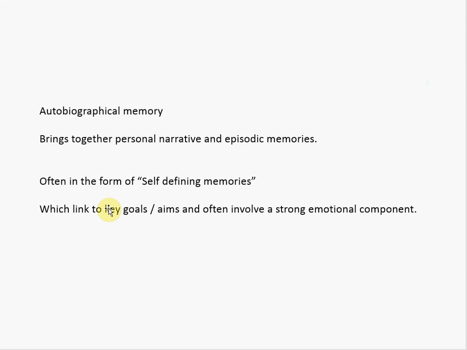These have often been described by theorists such as Martin Conway as self-defining memories. So self-defining memories are strong, clear, recallable. They're often linked to key goals and aims, and they often involve a strong emotional component. So I'm going to talk about the theory around this in a bit more detail in the next part.